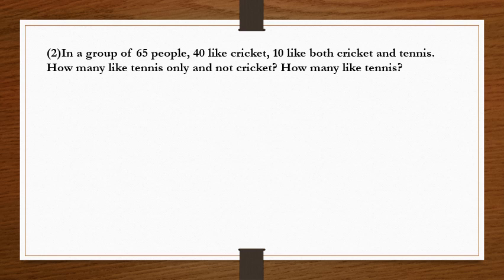Next question is, in a group of 65 people, 40 like cricket, 10 like both cricket and tennis. Here the question is, how many like tennis only and not cricket?